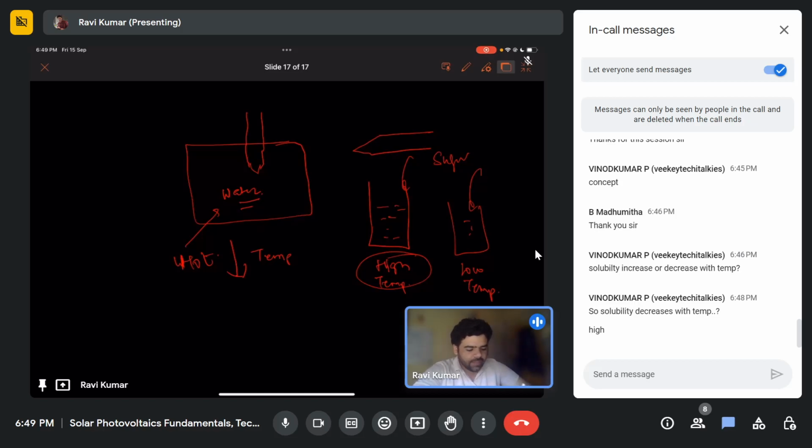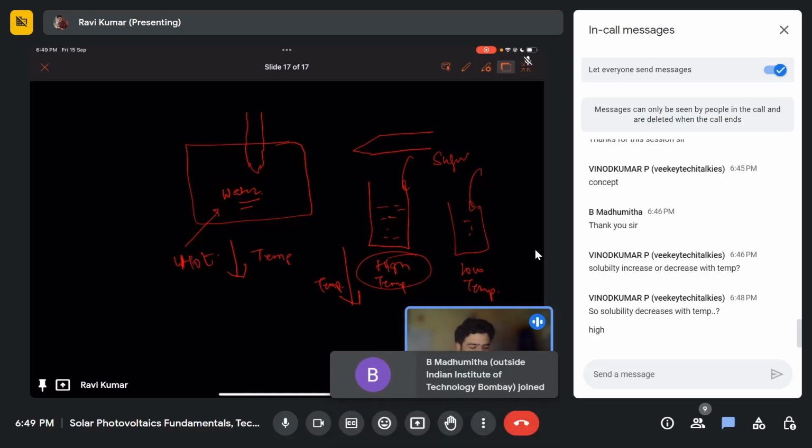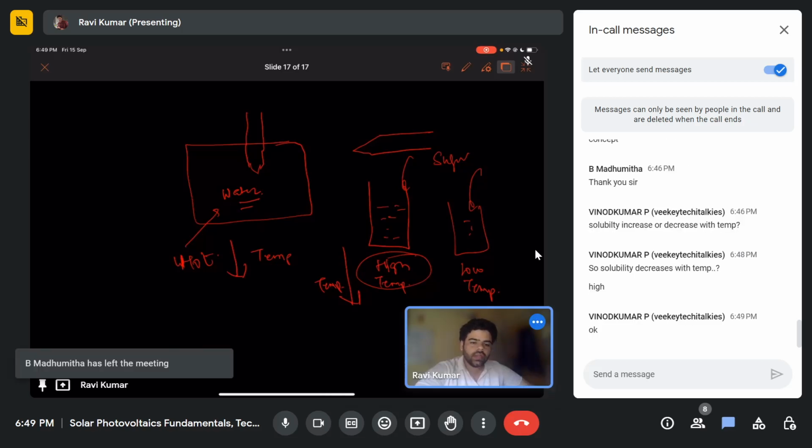So if temperature decreases, the solubility will decrease. So in that case, the solute which is here, you can get this.